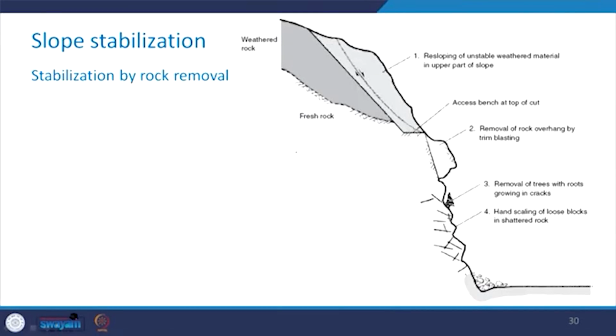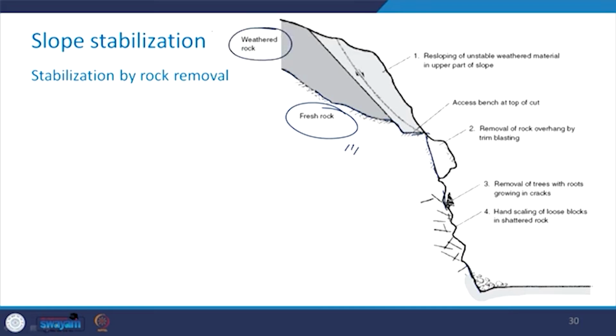So, this figure gives you the idea about various steps which are adopted when we take up the stabilization of the rock slope by rock removal. So, here you can see that this boundary forms the boundary between the fresh rock which is here and the weathered rock which is here.